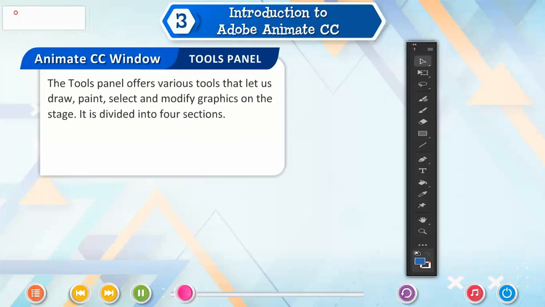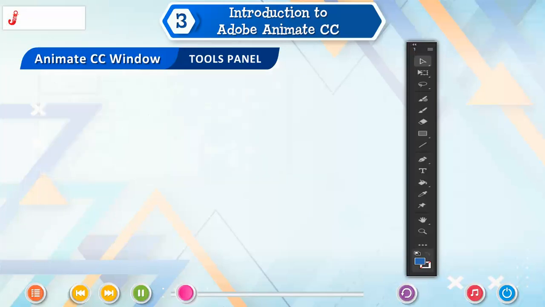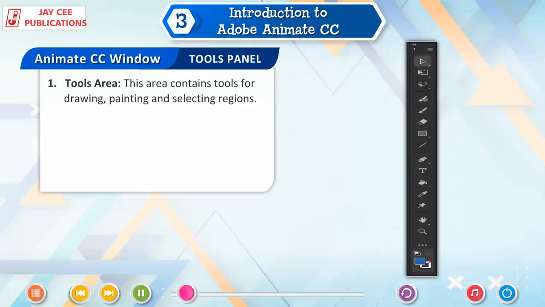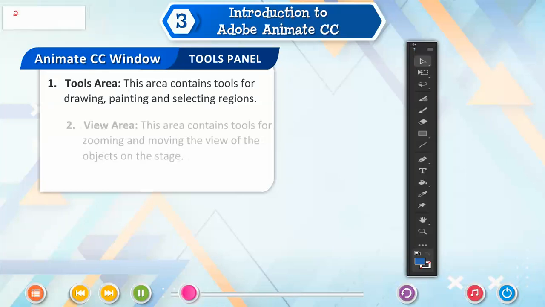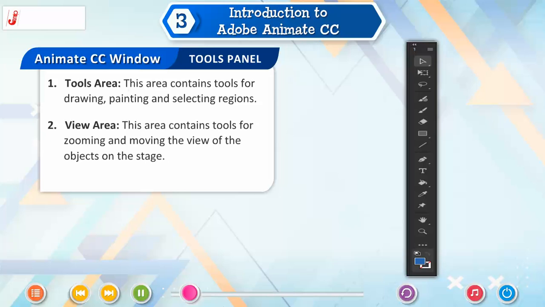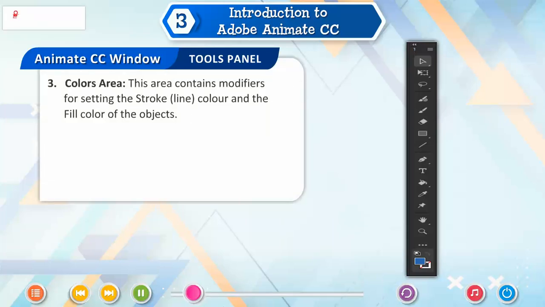It is divided into 4 sections. 1. Tools area. This area contains tools for drawing, painting, and selecting regions. 2. View area. This area contains tools for zooming and moving the view of the objects on the stage. 3. Colors area.